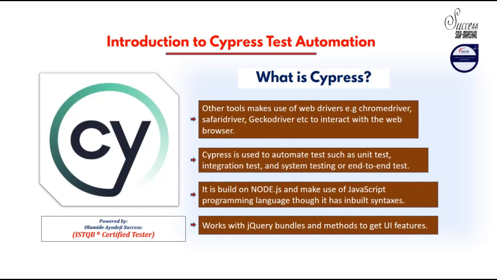It's used to add animation and some other stuff. For Cypress, there are some JavaScript plugins and libraries that Cypress inherits from jQuery, and its methods are used by Cypress.